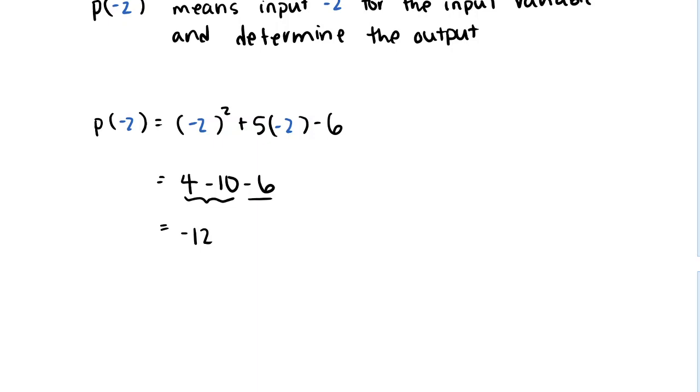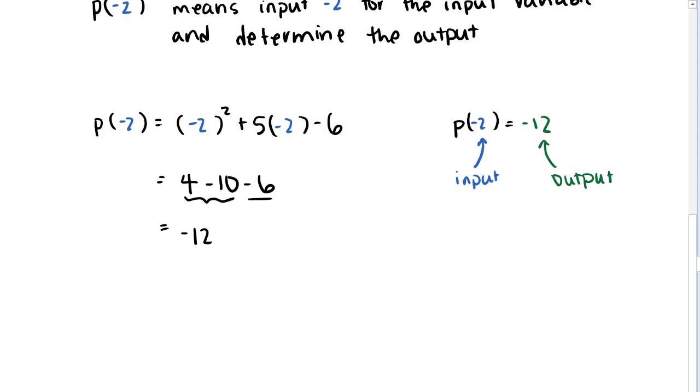So usually we'll say that p of negative 2 is equal to negative 12. Right, so here again, this negative 2, that's an input. This negative 12, it's our corresponding y value, it's our output.